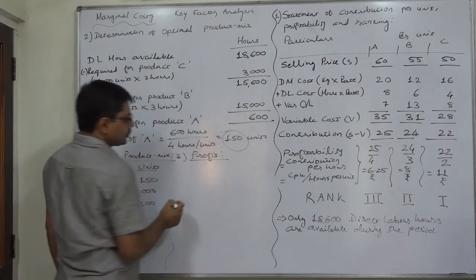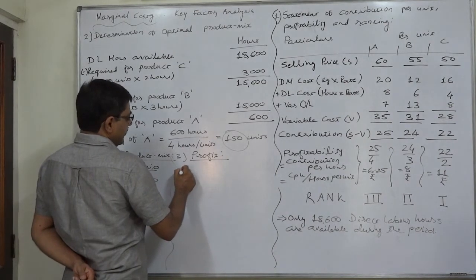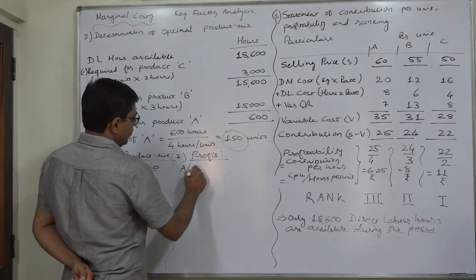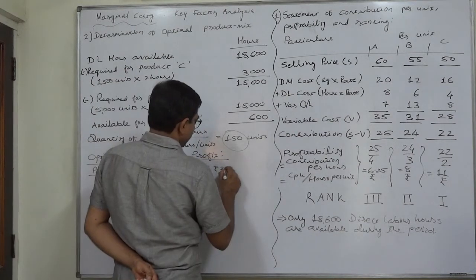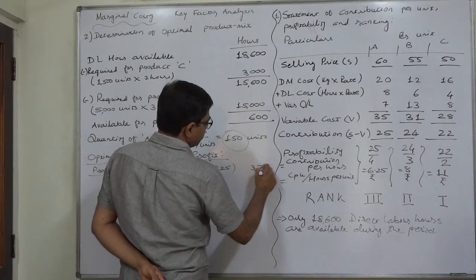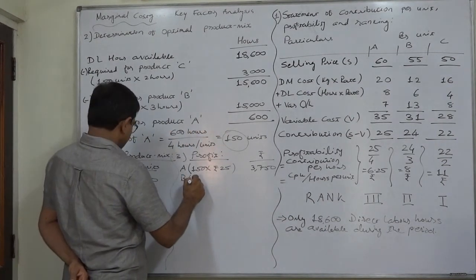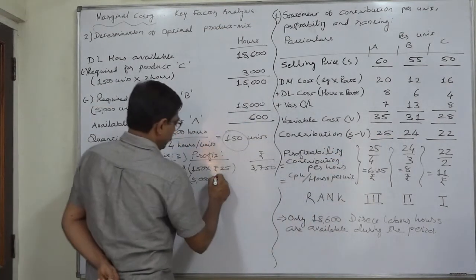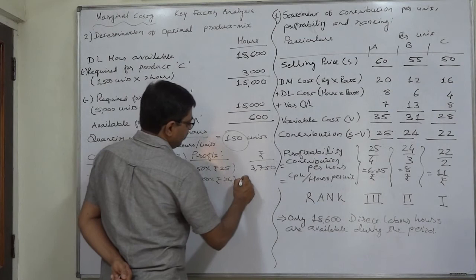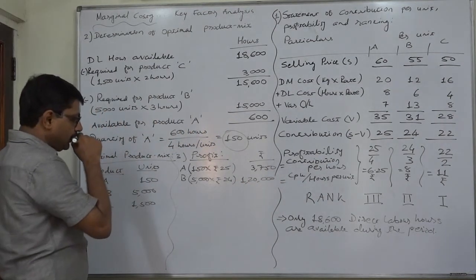Profit is contribution minus fixed cost. Contribution will be: A, 150 units into rupees 25, so it will be 3,750. B, 5,000 units multiplied by 24 per unit, so it will be 1,20,000 rupees or 120,000 rupees.